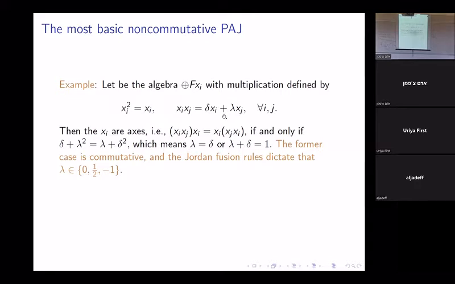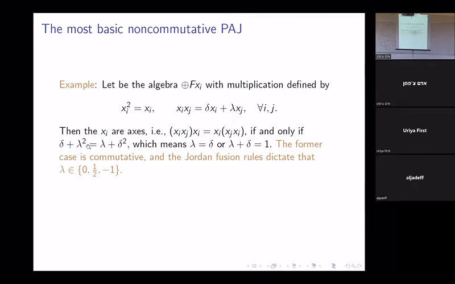In fact, all the idempotents are axes of the same type, of type lambda delta, in this algebra. Excuse me, that's only true if lambda plus delta satisfies this condition. You can just check that this means lambda equals delta, the commutative case, or lambda plus delta equals 1. If you don't have one of these 2 cases, you don't get axes.